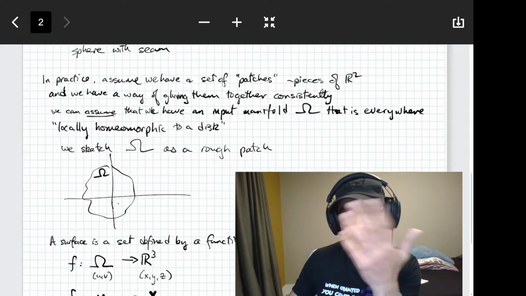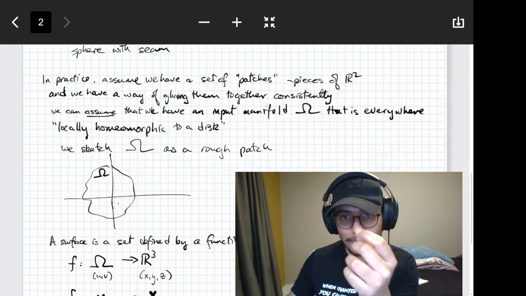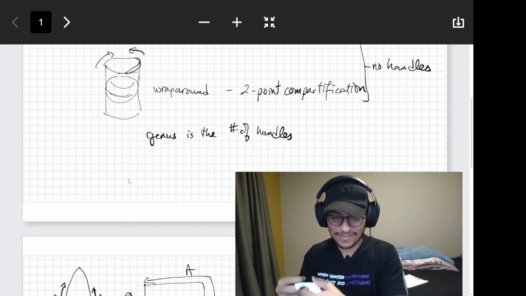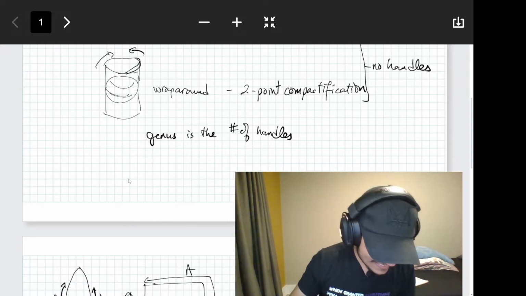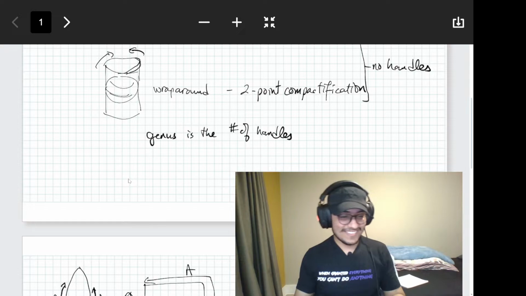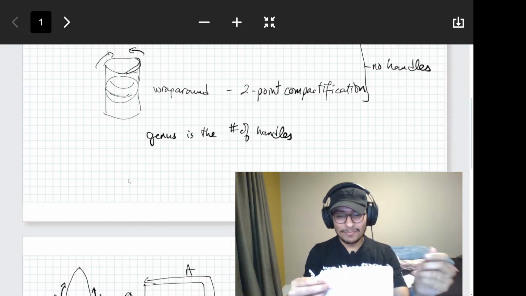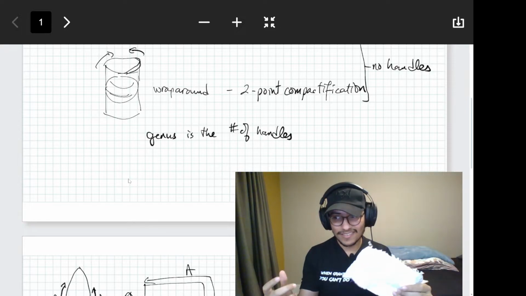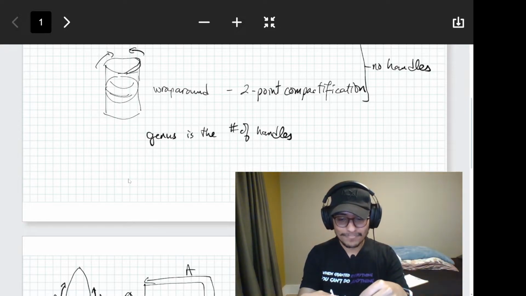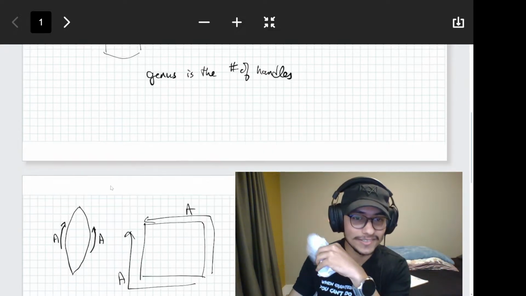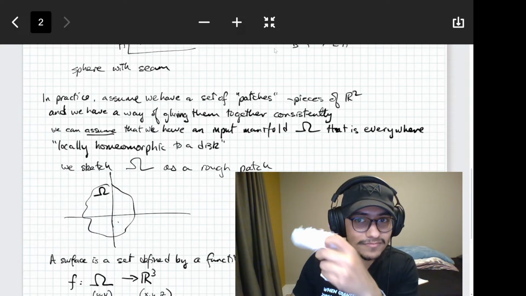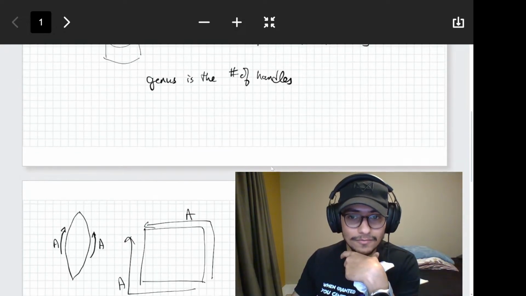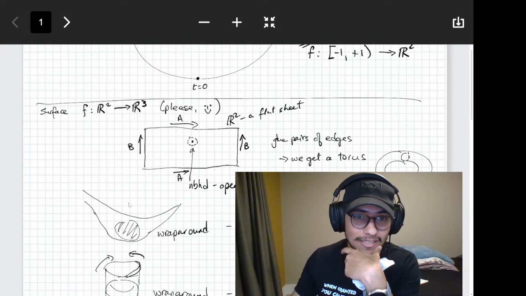Yeah. So imagine we have a bunch of pieces of square paper, and we have a way of gluing them together consistently. We saw how we can glue in multiple ways.